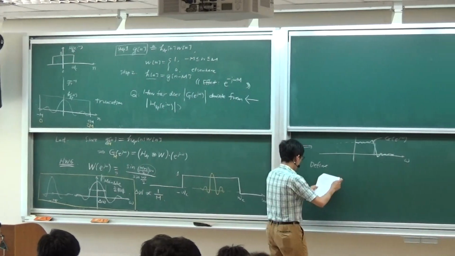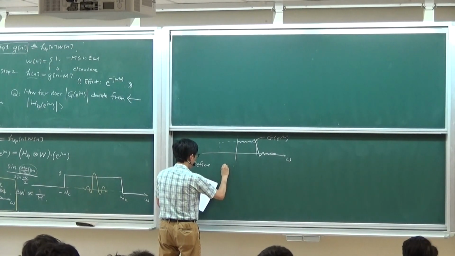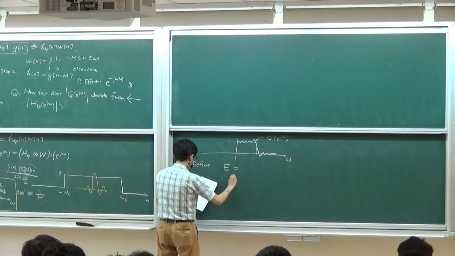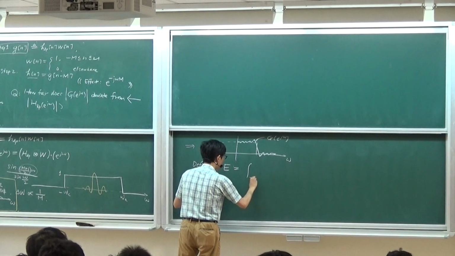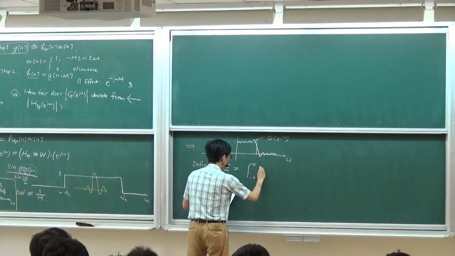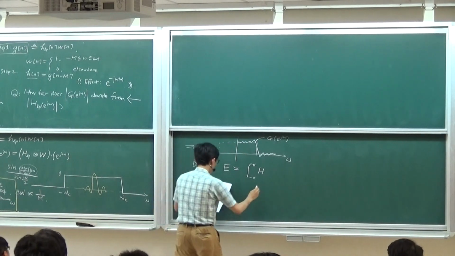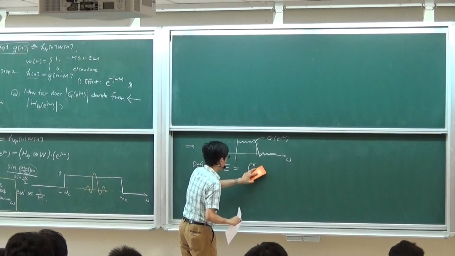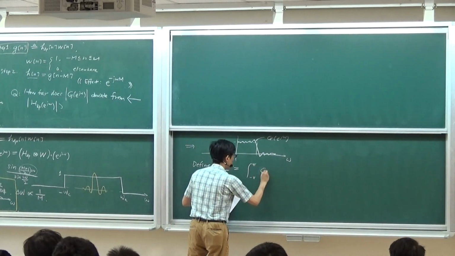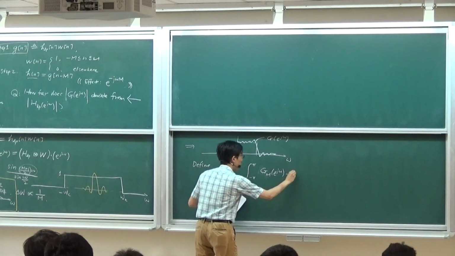Let's define our objective function, the total error, as E, which is, if we consider from minus pi to pi, how much does G, the result of our design, deviate from ideal?